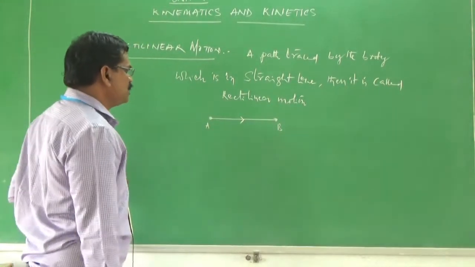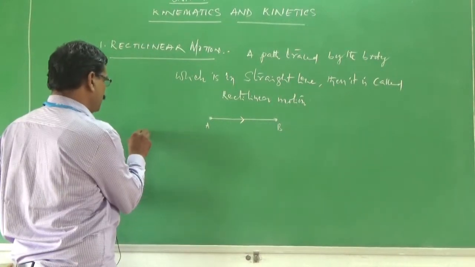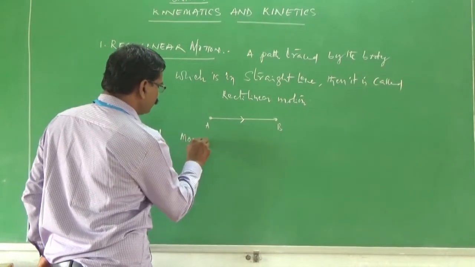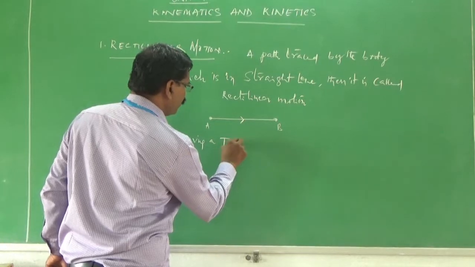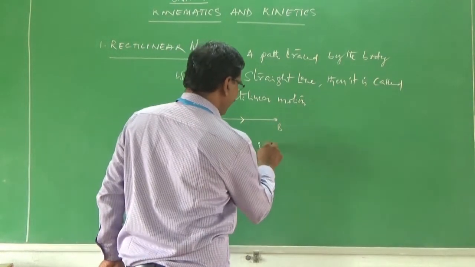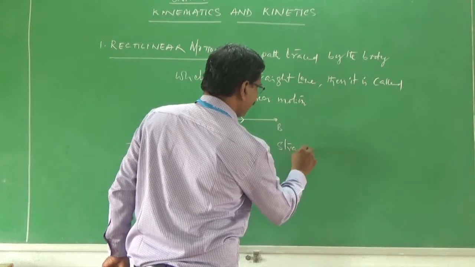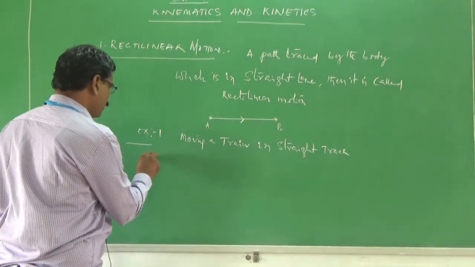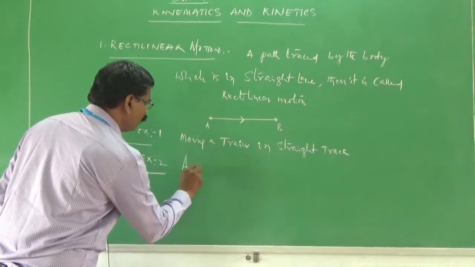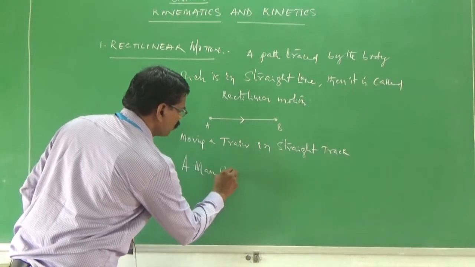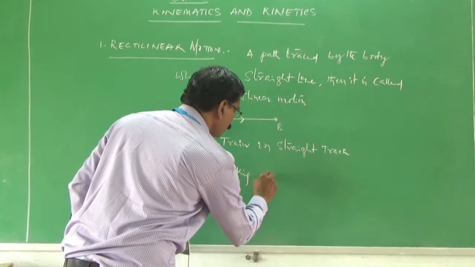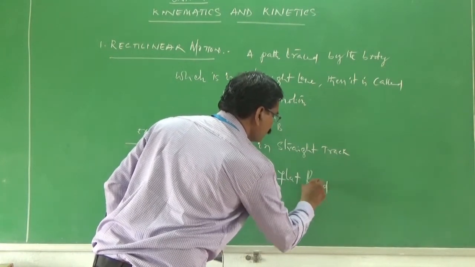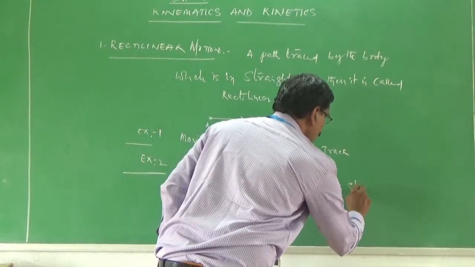What are the best examples coming under this rectilinear motion? Example 1 is a train moving on a straight track, and example 2 is a man walking on a flat road in a straight path.